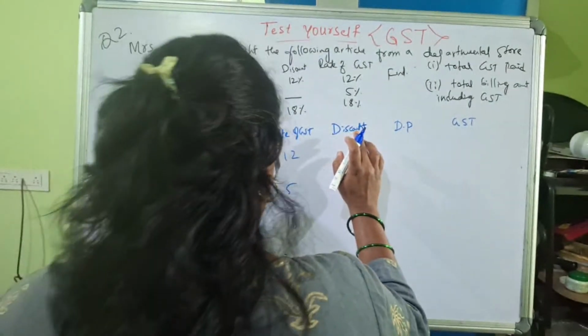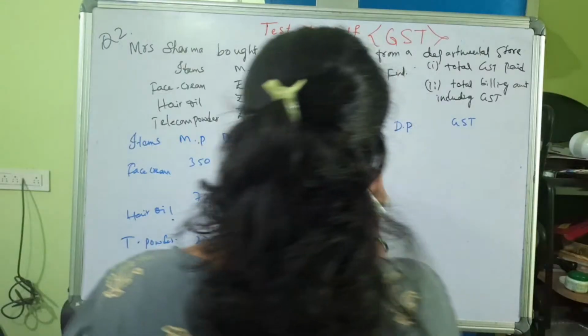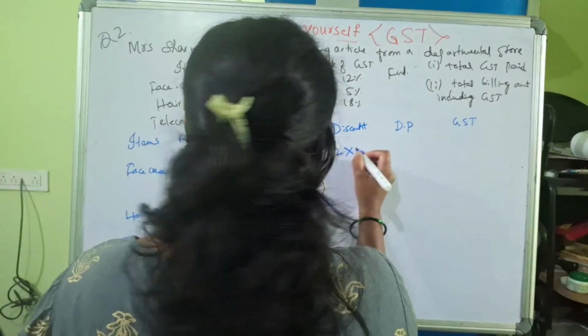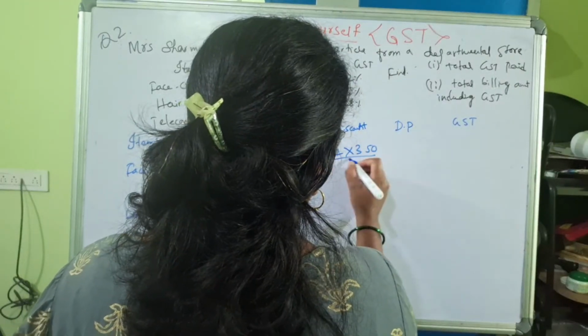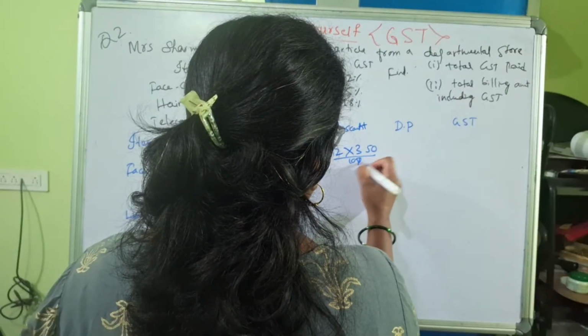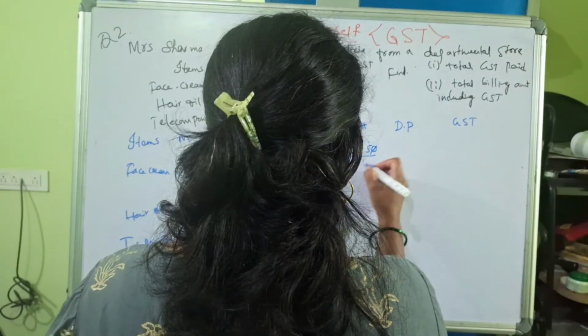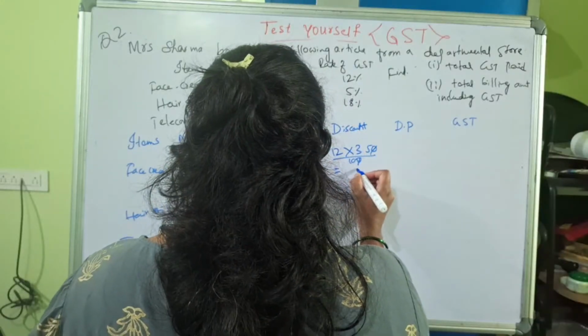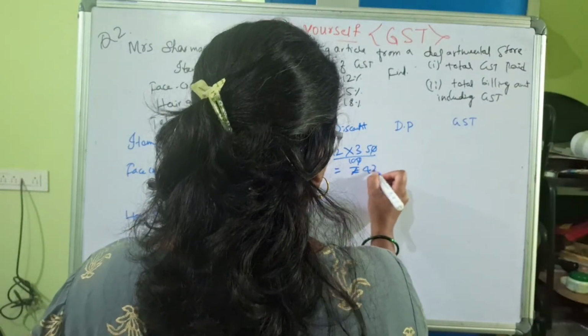Here we have to find the discount price, that is 12% of 350, which is equal to rupees 42.